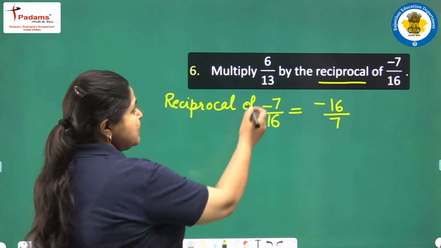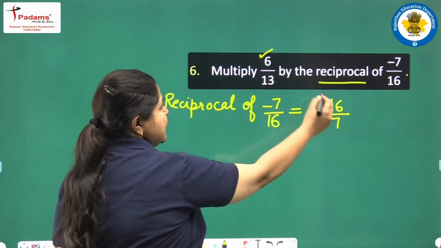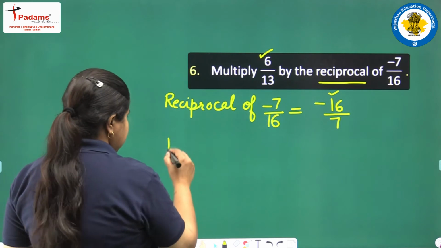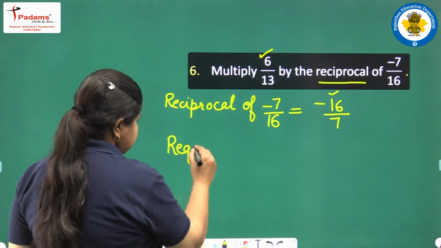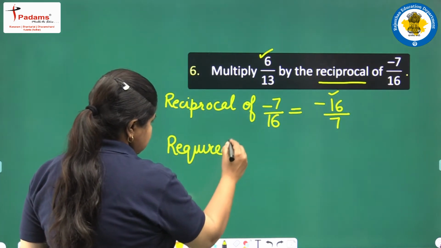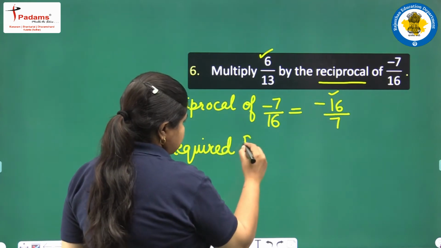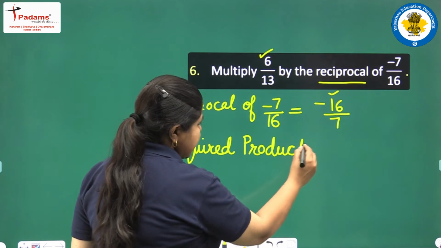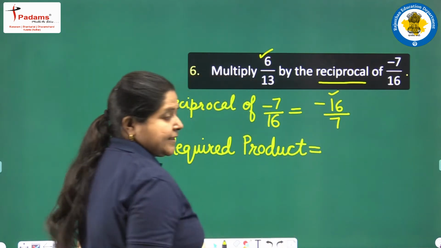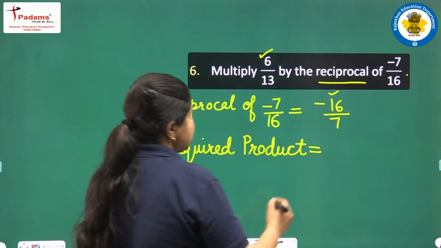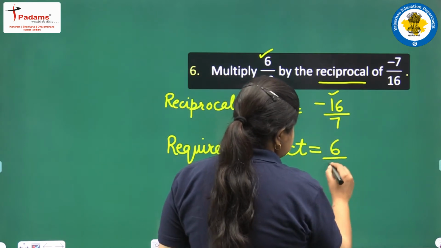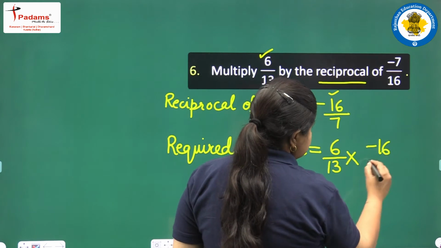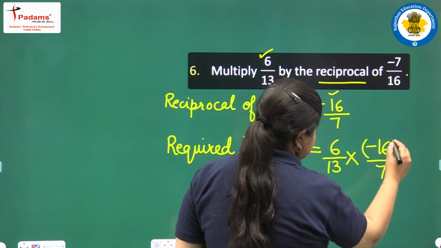Now we have to multiply this 6 by 13 to this minus 16 upon 7. So we can write required product. By product we mean the answer that we get on multiplication. Required product is 6 by 13 into minus 16 upon 7.